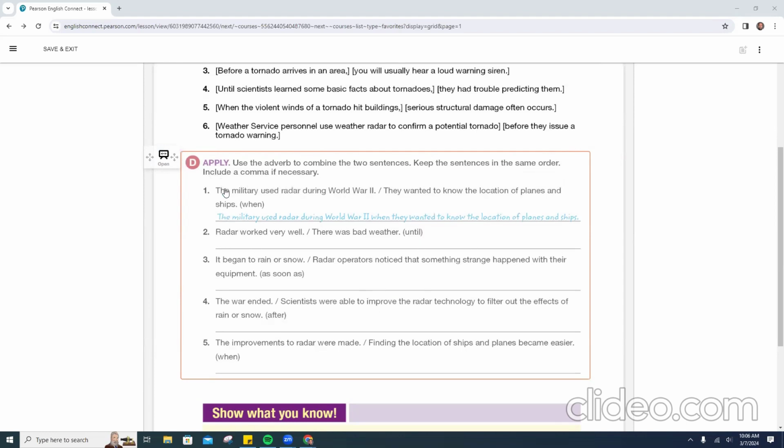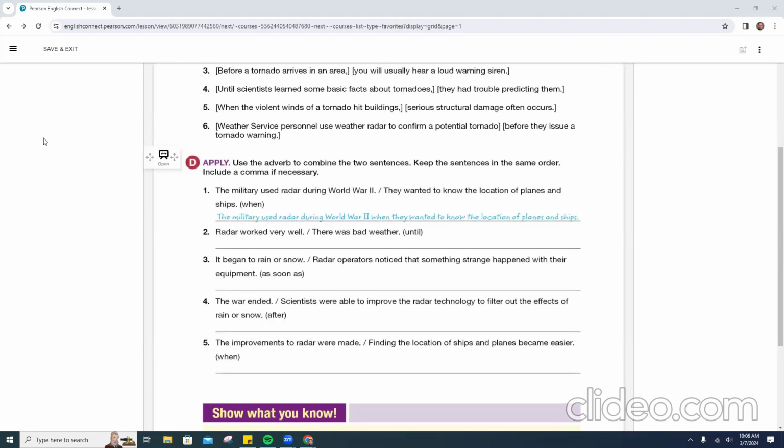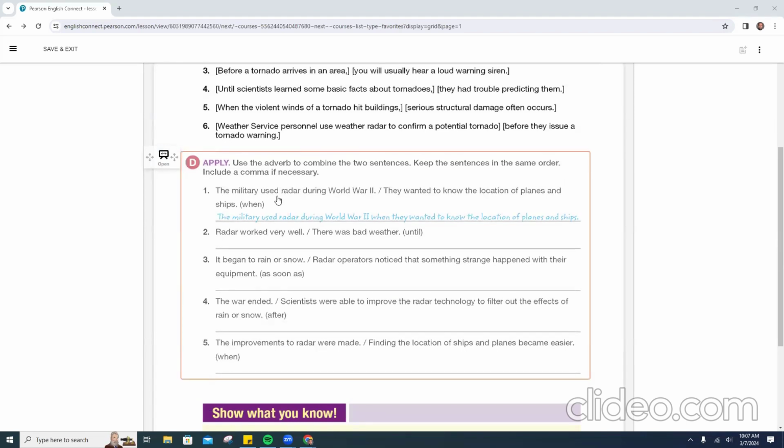Okay. So let's look at this one here. The military used radar during World War I. They wanted to know the location of planes and ships. So we used when. So here we have when.